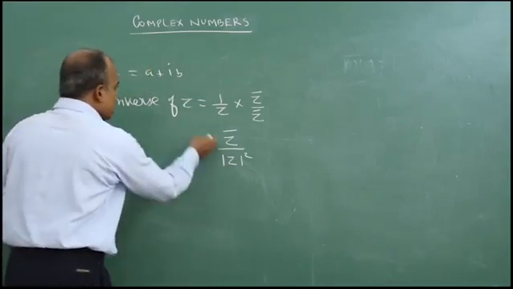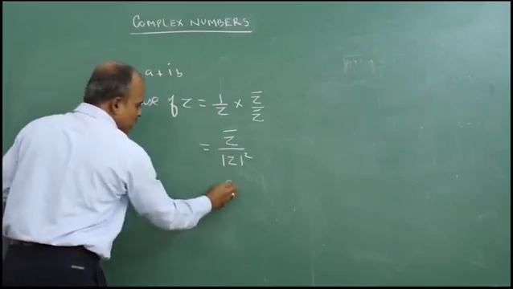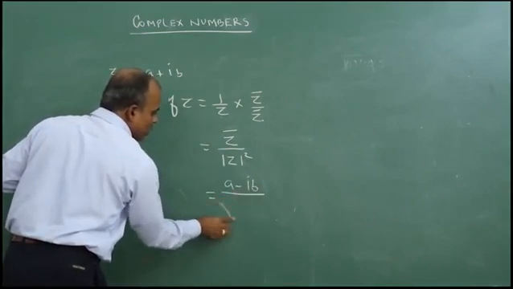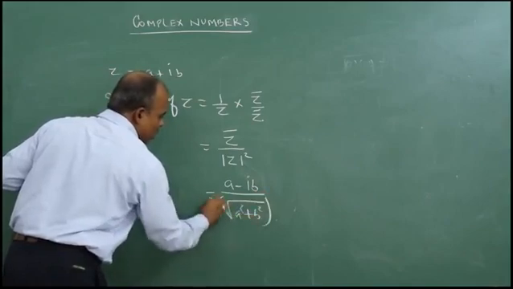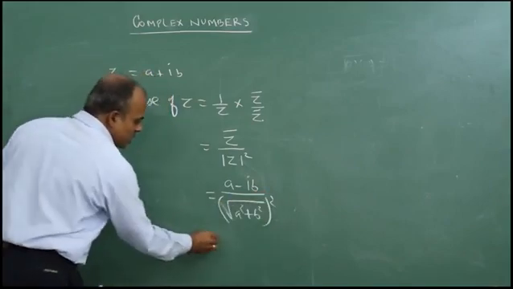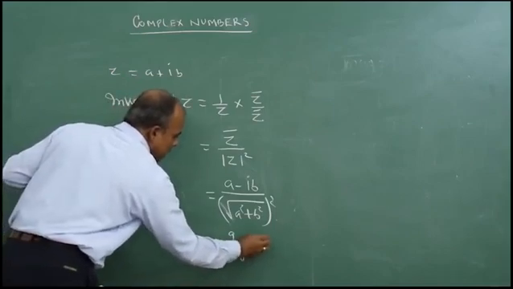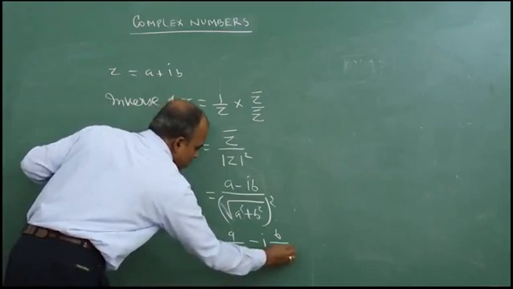Now what is modulus of z square? a square plus b square. What is z bar? a minus ib. So a minus ib divided by (root of a square plus b square) whole square, which gives a divided by a square plus b square, minus i into b divided by a square plus b square.